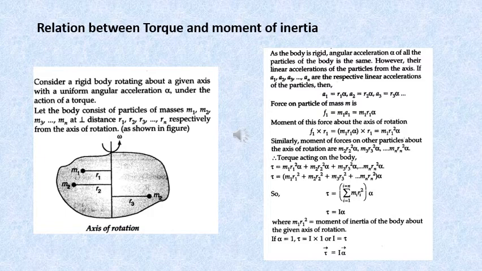So the torque is summation mi ri square and alpha. Summation mi ri square is the moment of inertia, therefore the torque is the product of moment of inertia and angular acceleration.